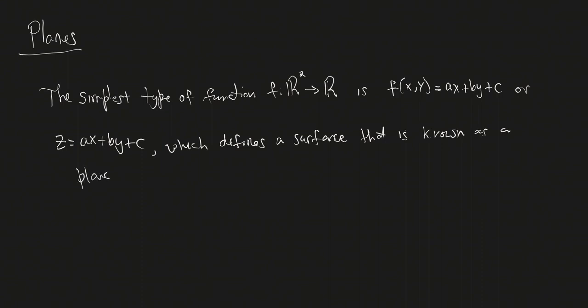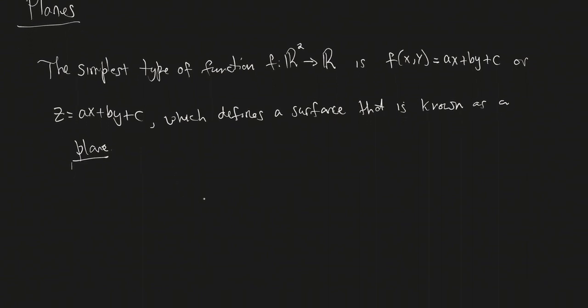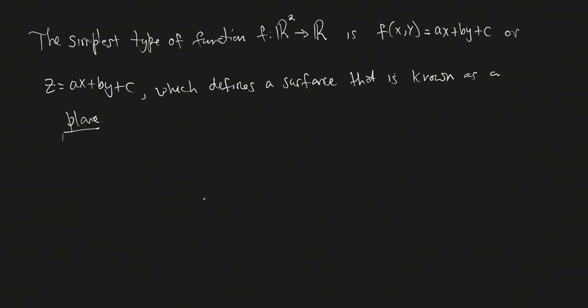Of all the operations that we can do with our two independent variables x and y, if we simply multiply each variable by a constant and then add another constant, that is how we get a plane. But that really doesn't tell us a lot, so let's look more closely at this idea of a plane.